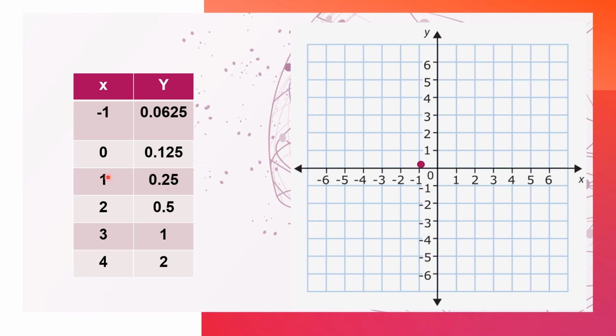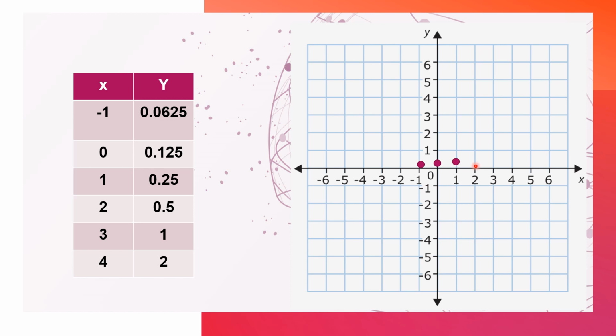Okay. Next, 0, 0.125. We have 0, 0.125, somewhere here. Next, 1, 0.25. So we have 1, then 0.25, somewhere here. Then next, 2, 0.5.